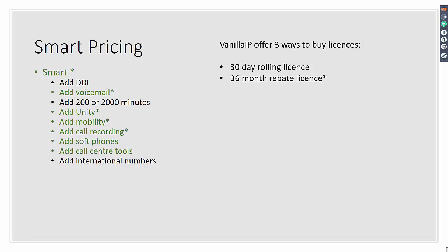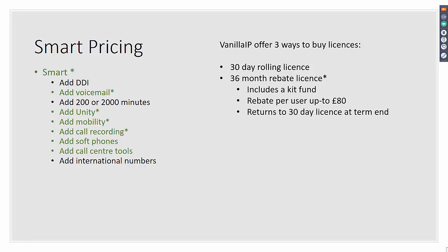We also operate a 36-month rebate license scenario, and you can see the elements that I put an asterisk by here. These all contribute to a hardware fund against which you can call off hardware, and which your customer can call off hardware that they require for the desk. Again, remember, we're talking about the deployment of Unity, which means the smarts go onto the PC.